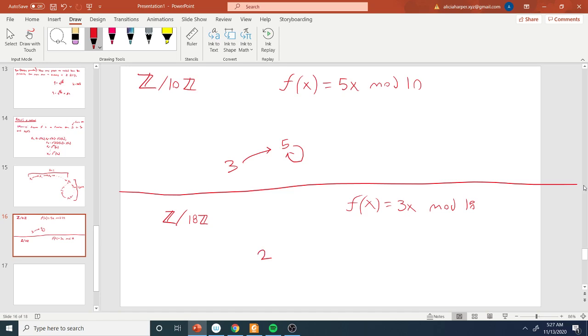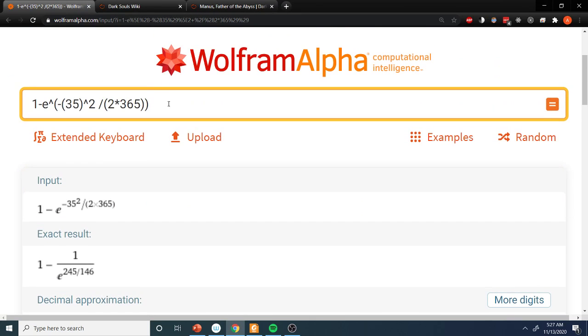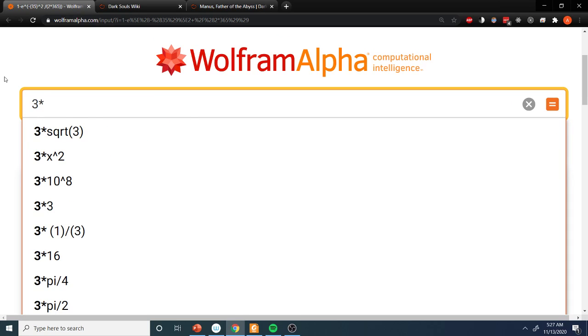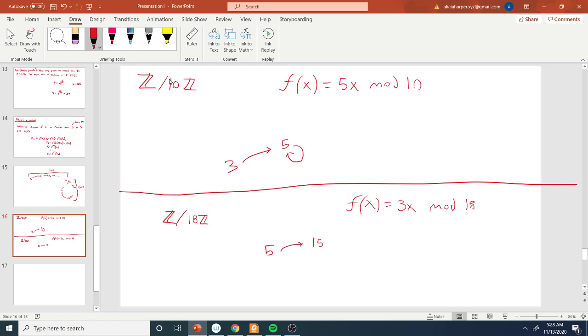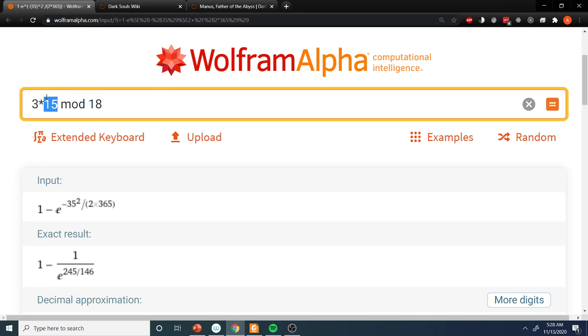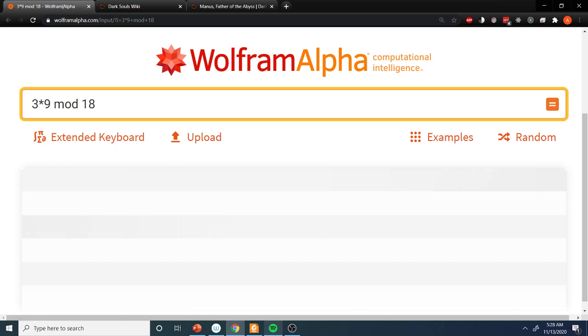So I'm going to start with 2. 2 goes to 6. Actually, no, that's a bad one. I'm going to start with 5. 5 goes to 15. And then let's see what happens when we do 3 times 15 mod 18. So 15 goes to 9. And then let's see what happens when we go to 3 times 9. Well, we get stuck at 9.